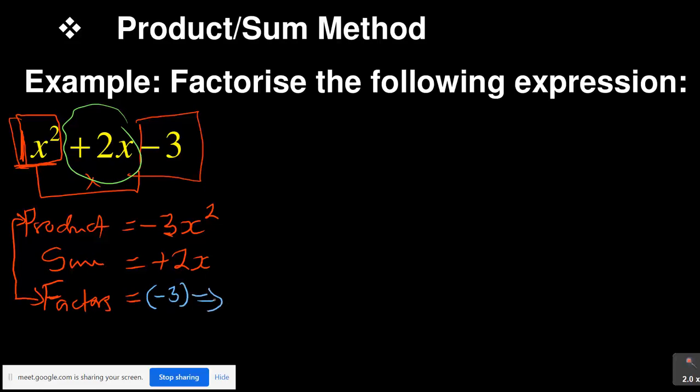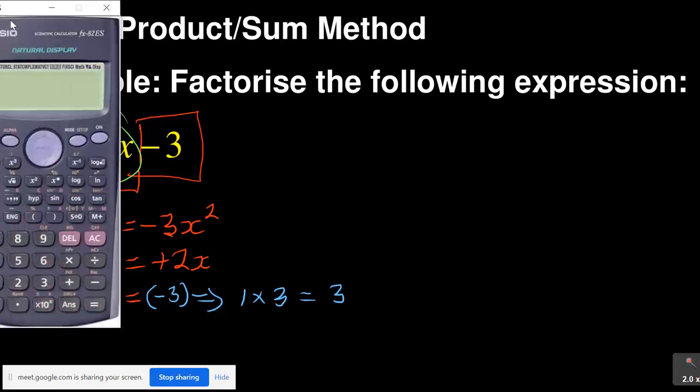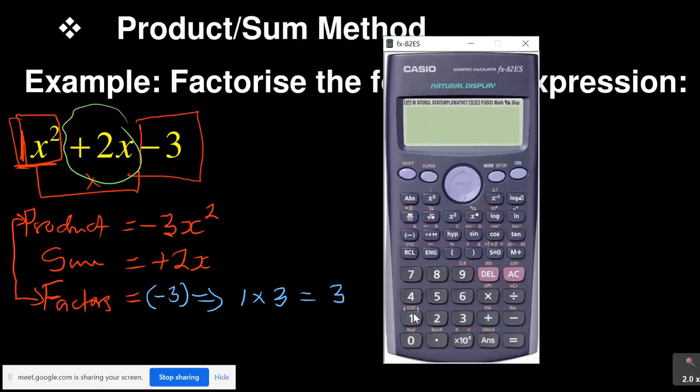Meaning, how can we find negative 3? For example, 1 times 3 will give me a 3, right? But now, remember, I want to get a negative 3. So for me to get a negative 3, if I take my calculator, if I say 1 times negative 3, it gives me a negative 3. See that?